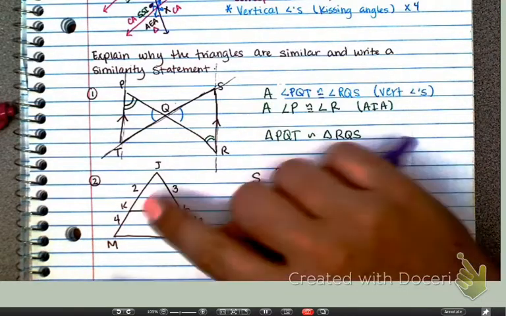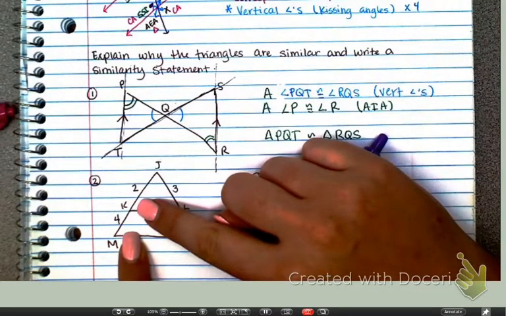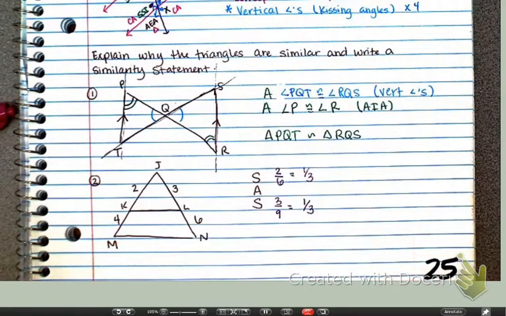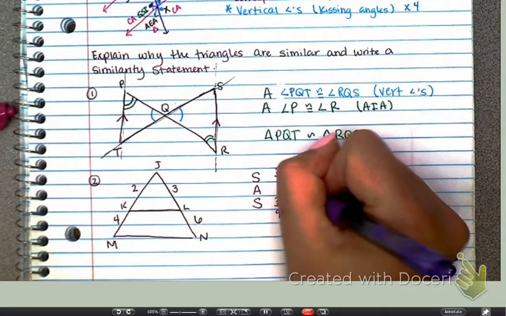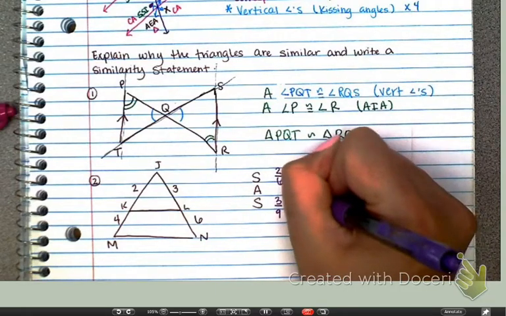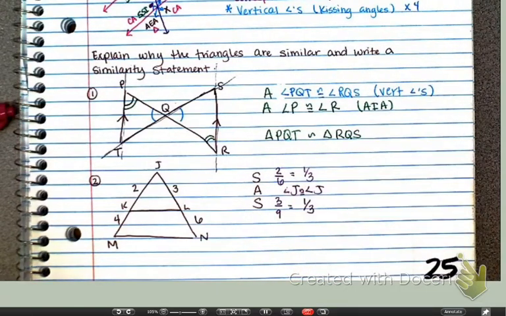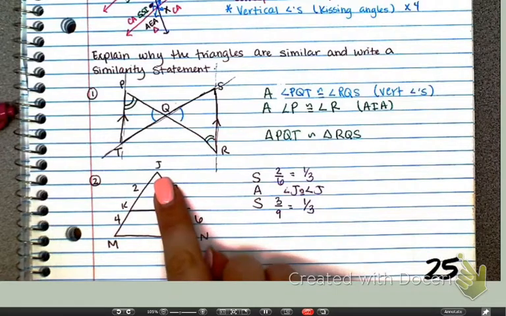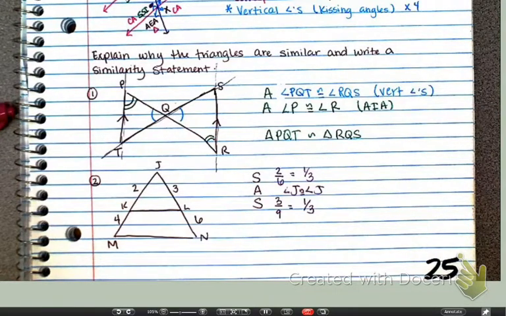They share those angles? Which ones do they share? If I took that small triangle out of the big triangle, which angle is exactly the same? Angle J. Angle J is congruent to itself. Do you see that angle J is in the small triangle and angle J is in the big triangle?